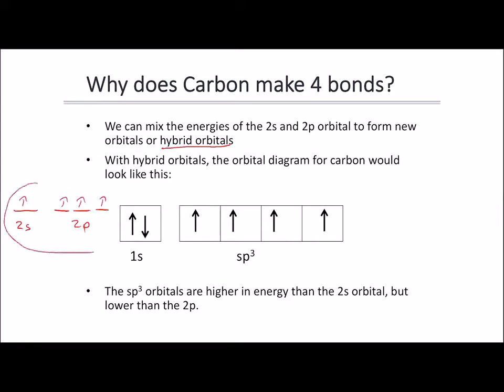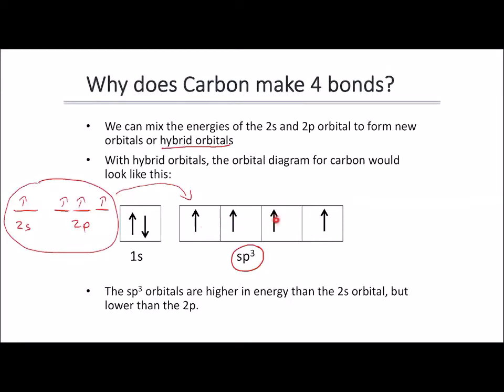If I take these 4 orbitals, mix their energies, put them in a blender, create new orbitals, I can end up with what we call an sp3, because I took 1 s orbital and 3 p orbitals. See? 1 s and 3 of the p orbitals. If I took 4 regular orbitals, put them in my blender, mixed them up, created a hybrid, now I have 4 hybrid orbitals. So however many orbitals you start with is the amount of orbitals you end with.